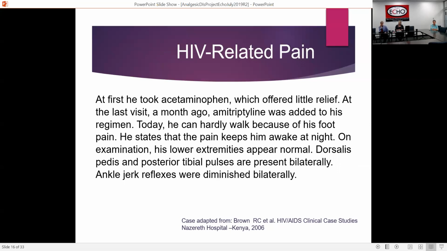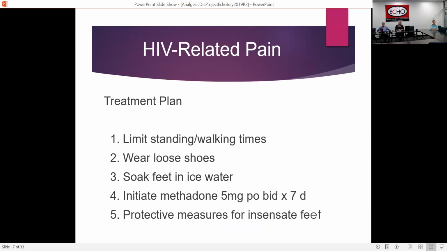On examination, his lower extremities were normal. His dorsalis pedis and posterior tibial pulses were present. His ankle jerks were diminished bilaterally. So the treatment plan for this patient was to limit standing and walking, wear loose shoes, soak his feet in ice water.